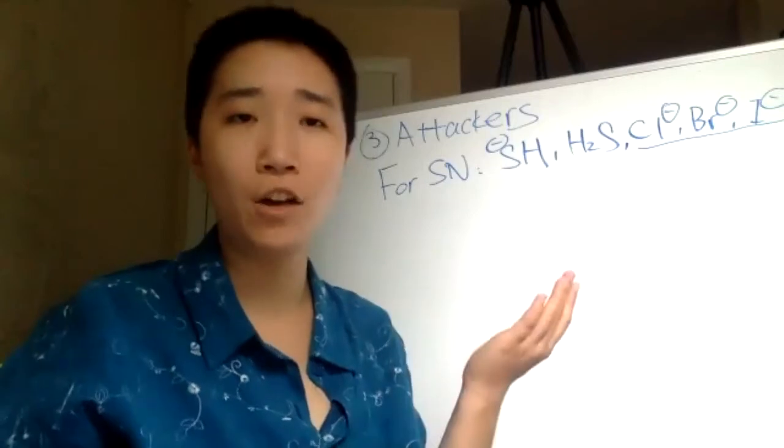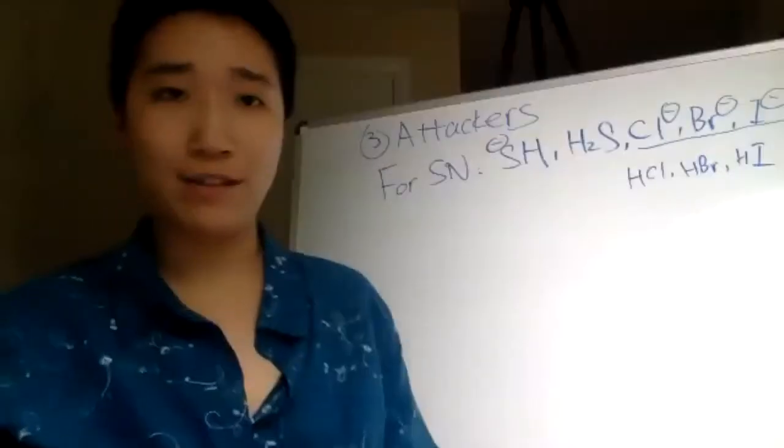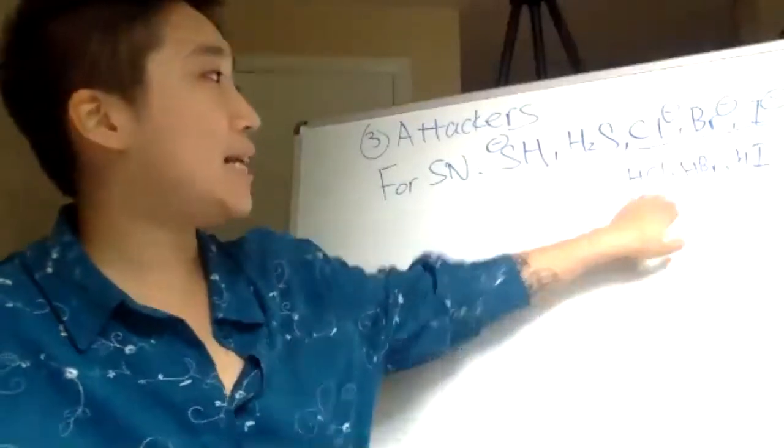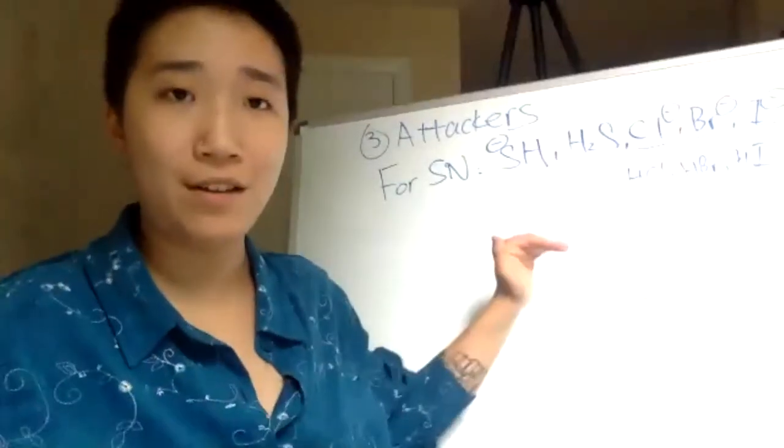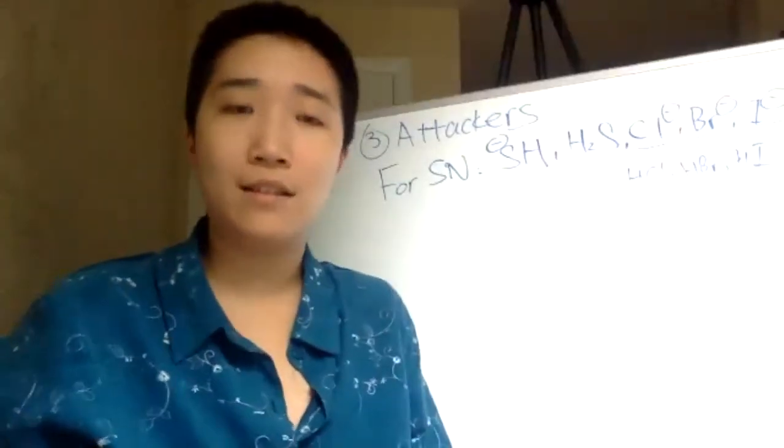If they're not alone, what would they be with? I mean, HCl, HBr, HI, they're all strong acids, and in water, they don't stay together, they dissociate. You're absolutely right. So HCl, HBr, HI, they're all very strong acids.